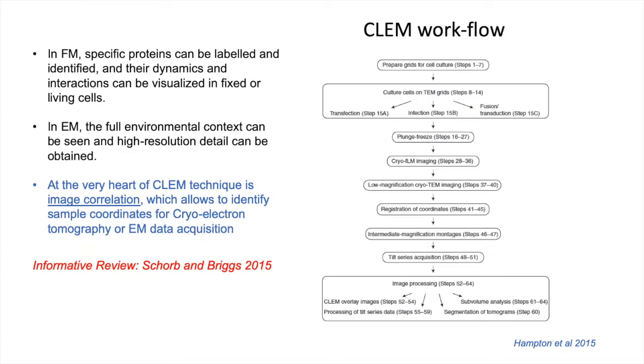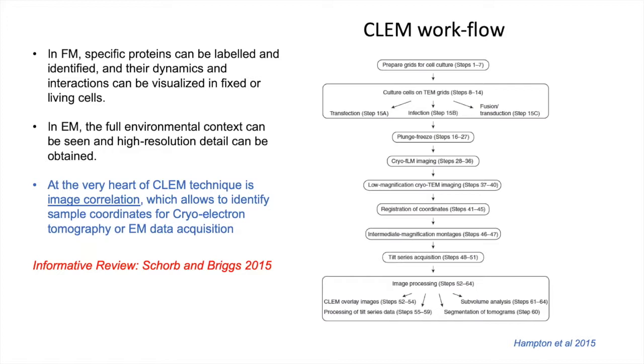So a simple CLEM workflow, which was published in collaboration with Greg's lab, published this work with Liz Wright, was that you first prepare grids. On a fluorescence microscope, you look at the sample on a glass slide. When you want to go into a correlative EM, you want to look at your sample on an EM grid. So you need to know how to prepare your grids.